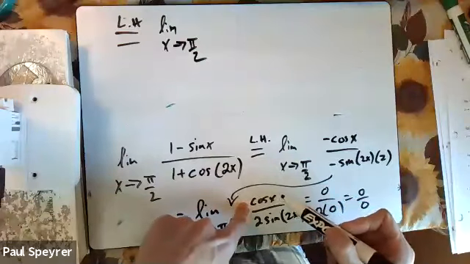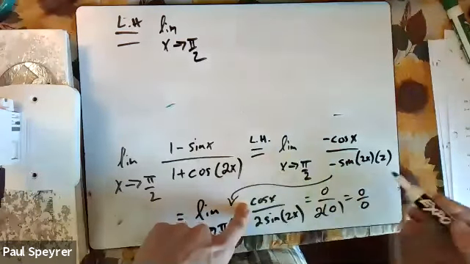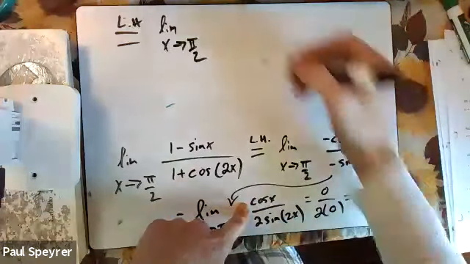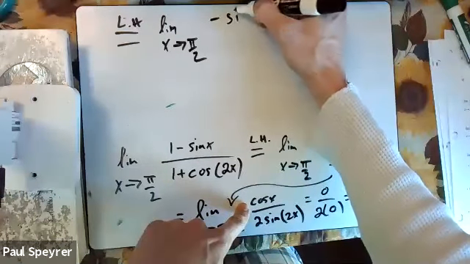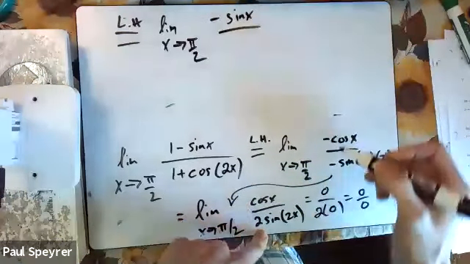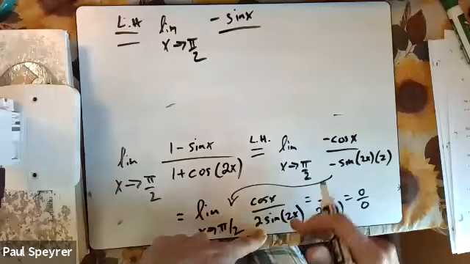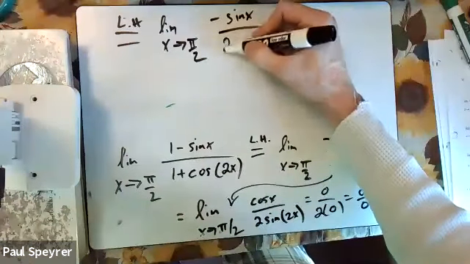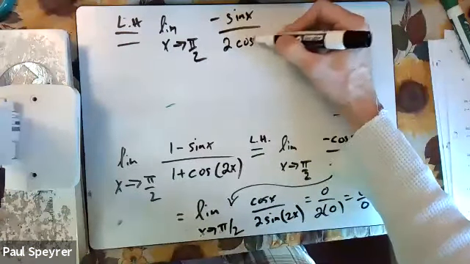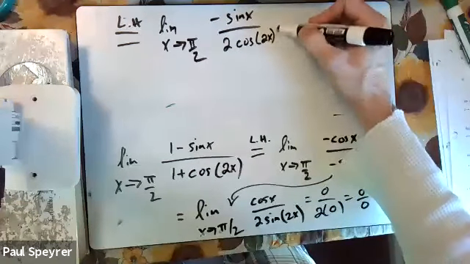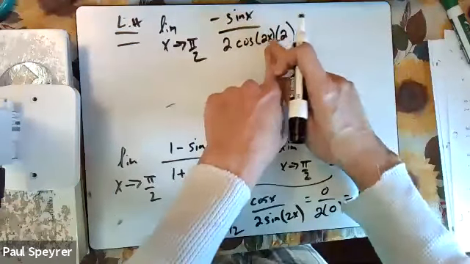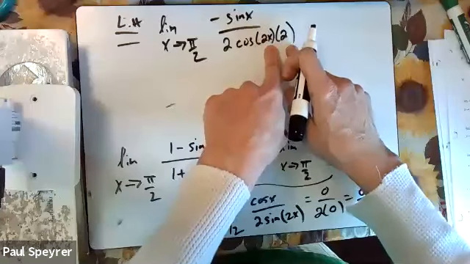What's the derivative of cosine of x? It is negative sine of x. What's the derivative of 2 sine of 2x? You got to chain it, right? It's 2 and then cosine of 2x times another 2, right? Because you have to chain the inside of this, and that's where that 2 comes from.